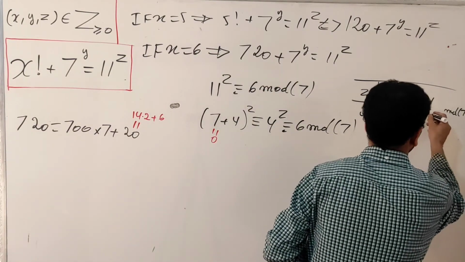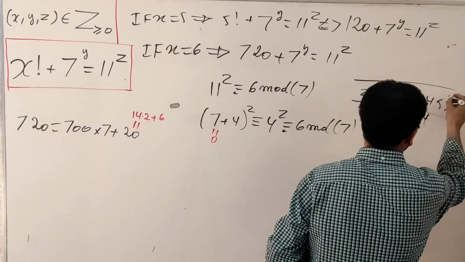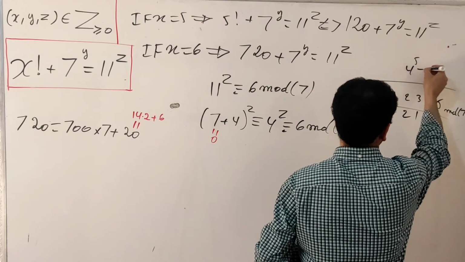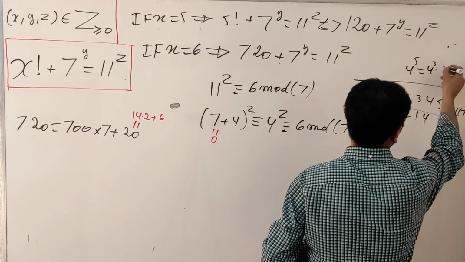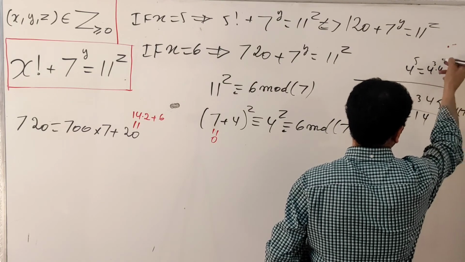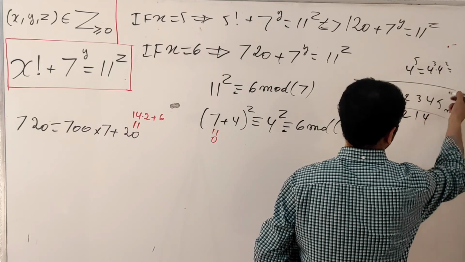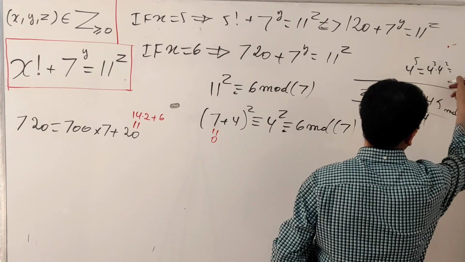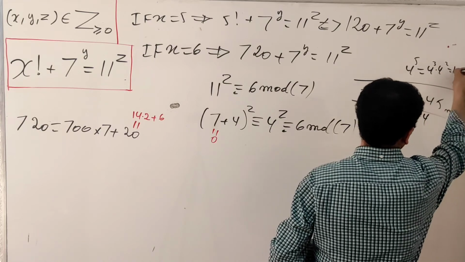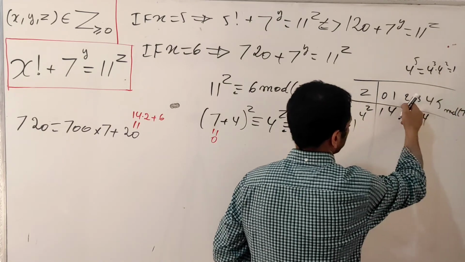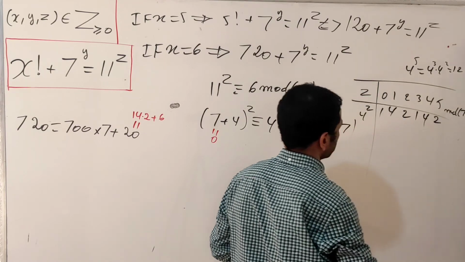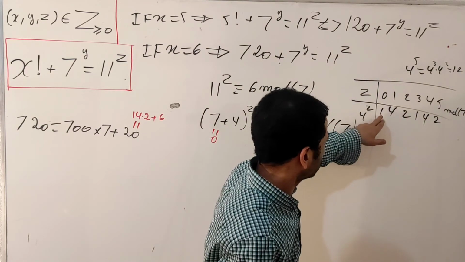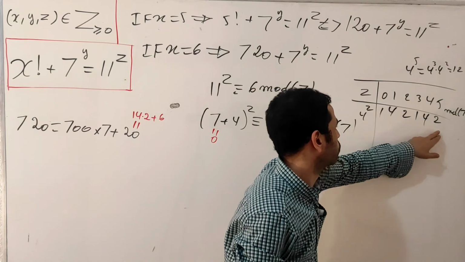Okay, also I have 4 here. Let's take number 5: 4 to the 5 equals 4 cubed multiplied by 4 squared. 4 cubed was 1, 1 multiplied by 4, and 4 squared was 2, so I will have 2 as a remainder here. If you take a look carefully, this keeps repeating: 1, 4, 2, 1, 4, 2, and so on and so forth.